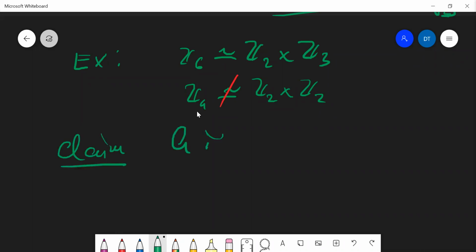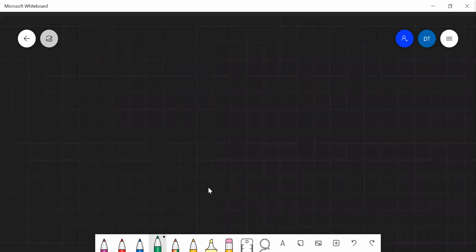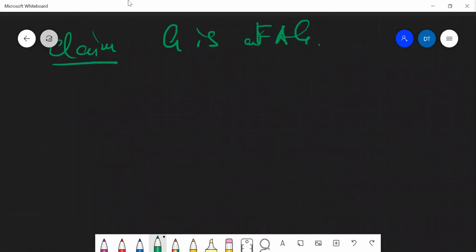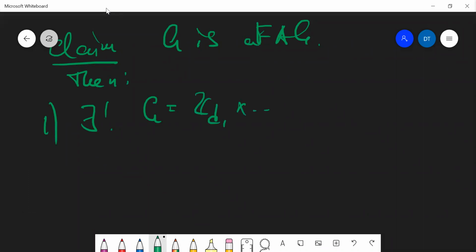If G is a finite abelian group, then there exists a unique representation of the group G in the form like this, where the integers d1, d2, and so on divide each other and are strictly larger than 1. So each finite abelian group can be uniquely presented in this form.